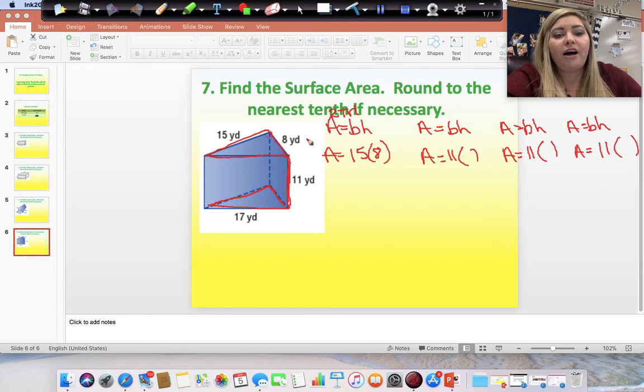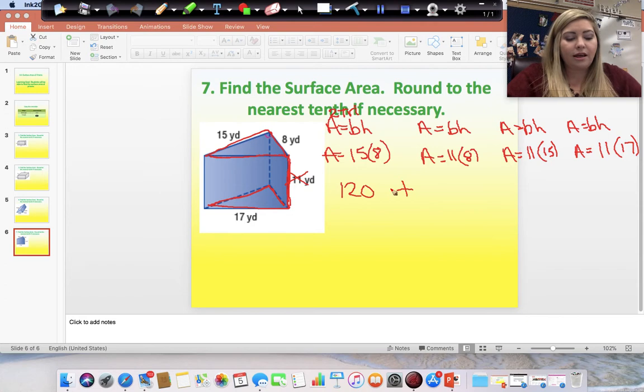And now we need to find the other numbers. So now we've used the 11. We need our 8, 15, and 17. So now we multiply, and then we'll add. 15 times 8 gives me 120. 11 times 8 is 88. 11 times 15, 165.